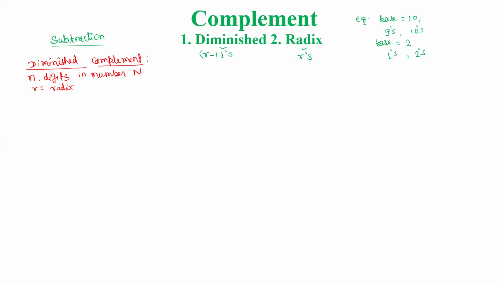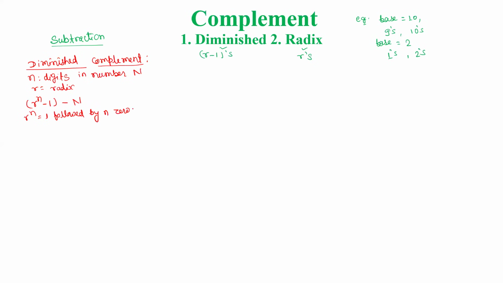The diminished complement is given by the expression R to the power n minus 1, overall minus N. Here R to the power n is 1 followed by n zeros.